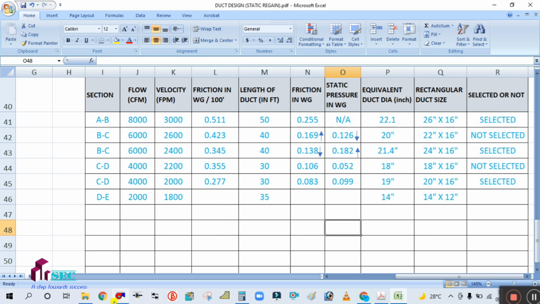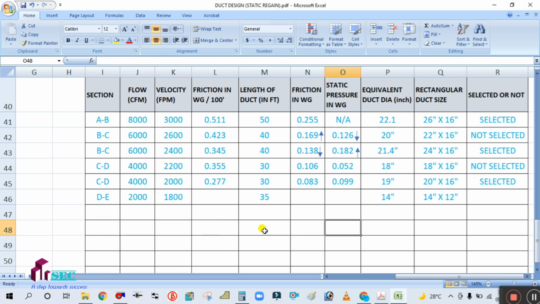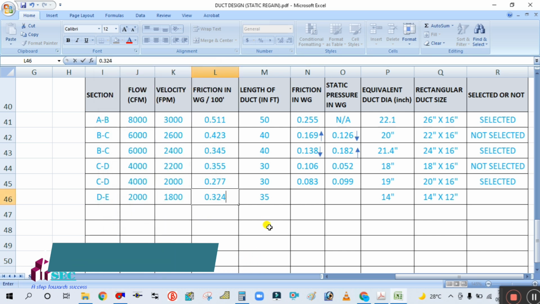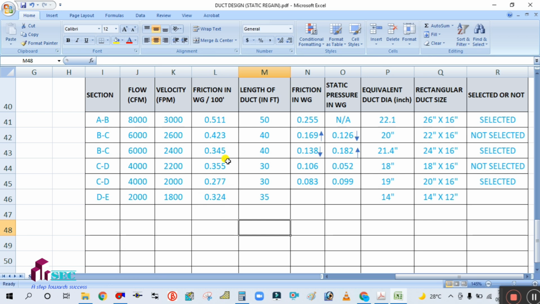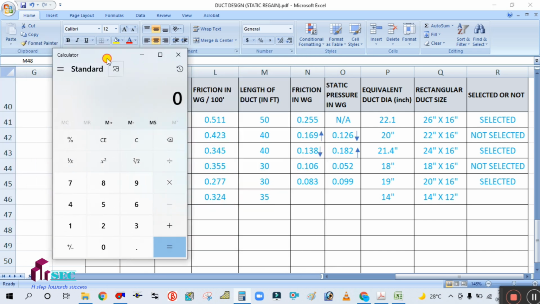Okay, and friction factor, you can see here head loss is 0.324 inches of water gauge per 100 feet of duct length. That means this is for the 100 feet. So for 35 feet how to calculate? Clear this.